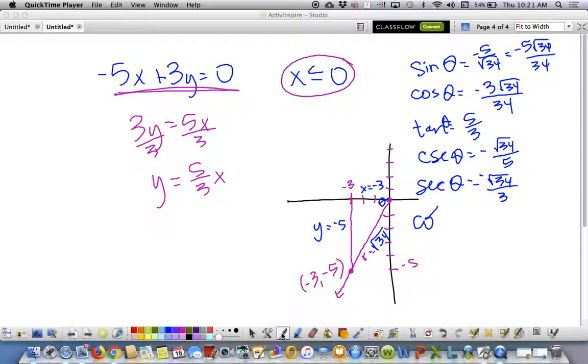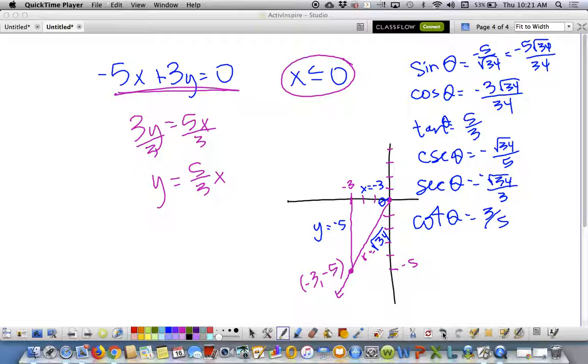And cotangent is 3 over 5. Positives and negatives matter.